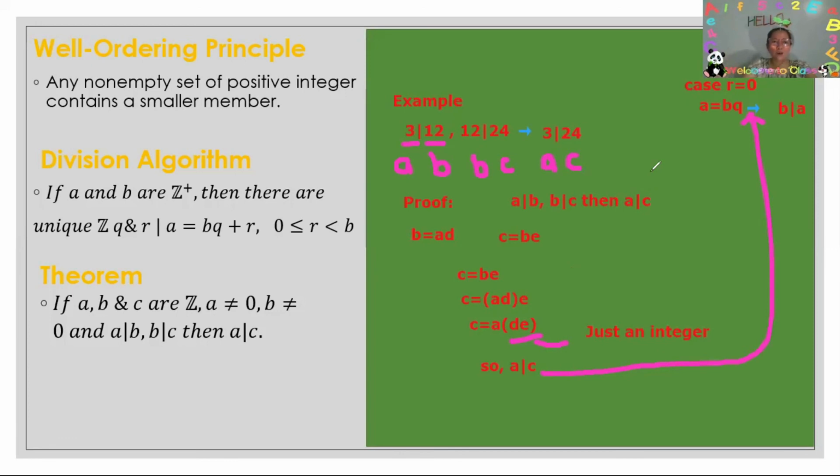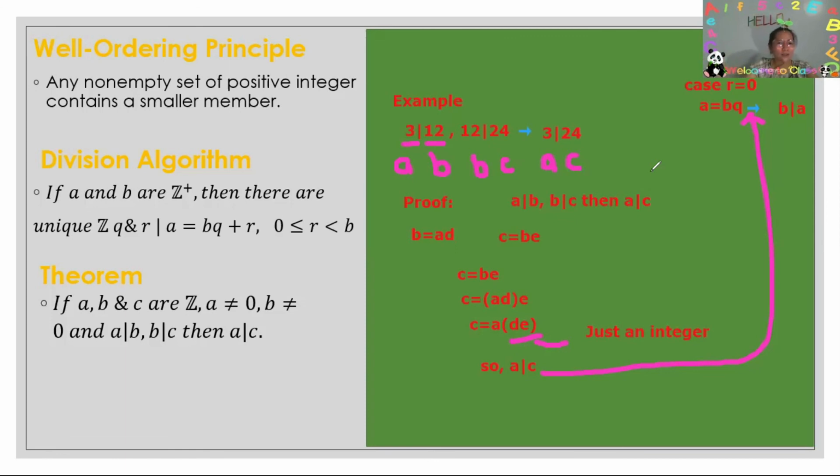Take note of the well-ordering principle: any non-empty set of positive integers contains a smallest member. Remember also the division algorithm: A is equal to BQ plus R, wherein Q is the quotient and R is the remainder.